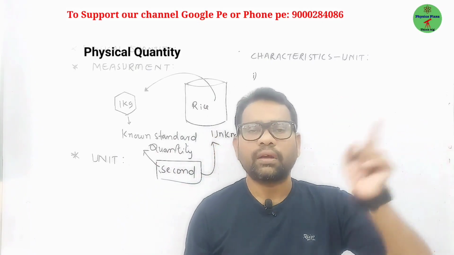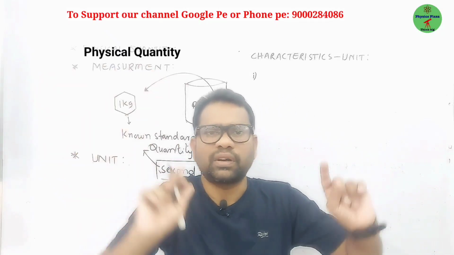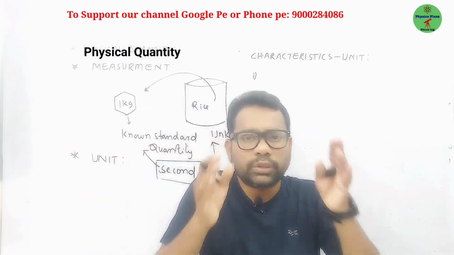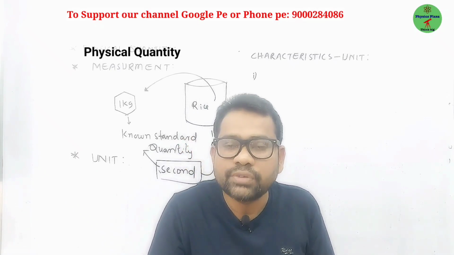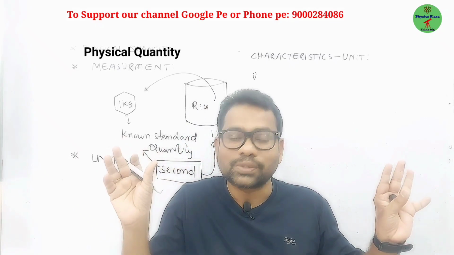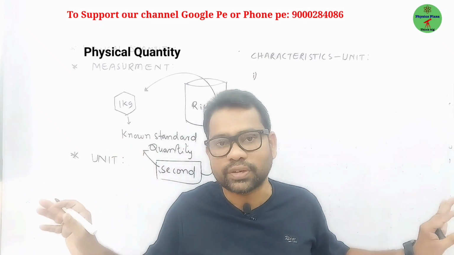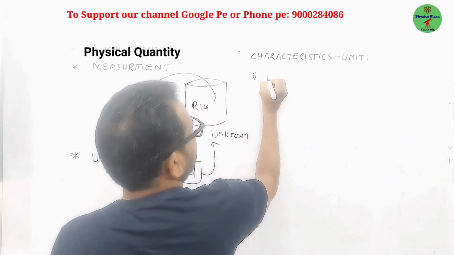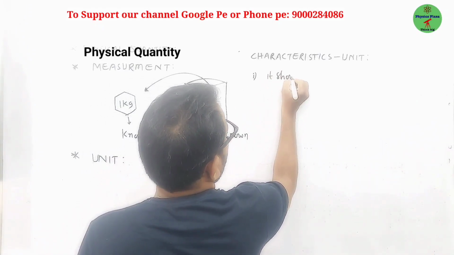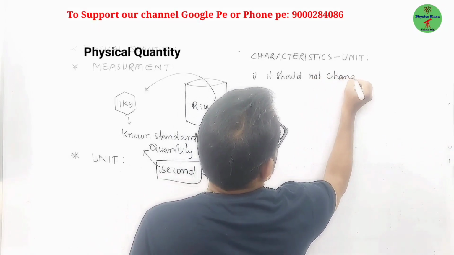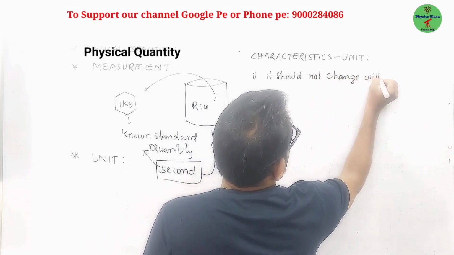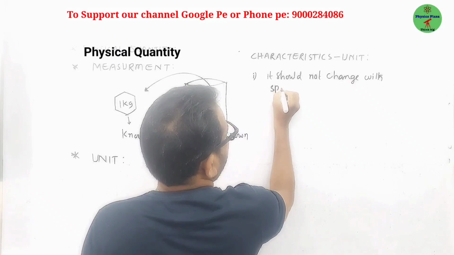No. Morning or evening, Hyderabad, some place X or Delhi or wherever it is, the quantity we are using as a unit should not change with space and time. It should be constant throughout the universe. So it should not change with space and time.